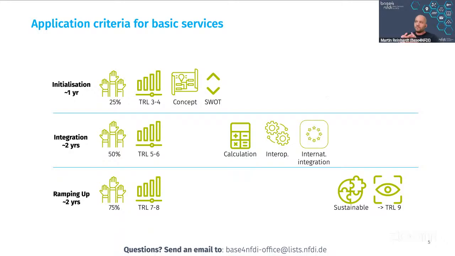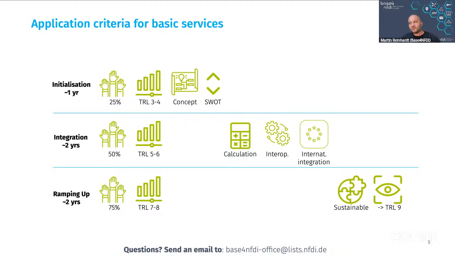So how to become a basic service and how does the application process go? First of all, there's a 1-year initialization phase. It needs these hands, which you can see here. This is the approval rate of the consortia assembly, and to become a basic service, you need a 25% approval rate.